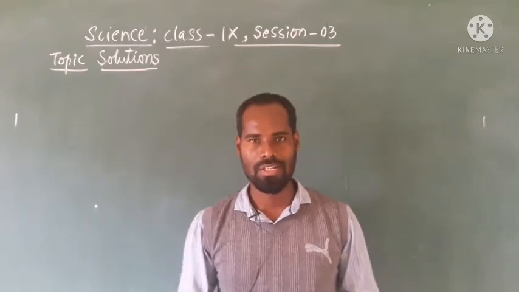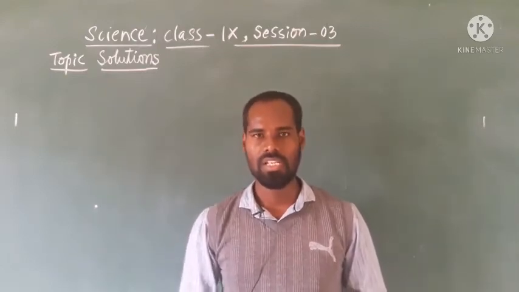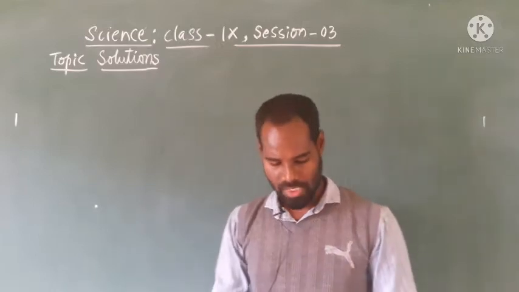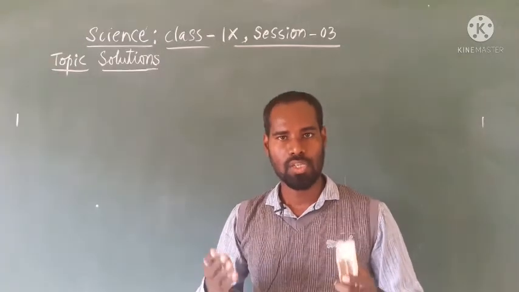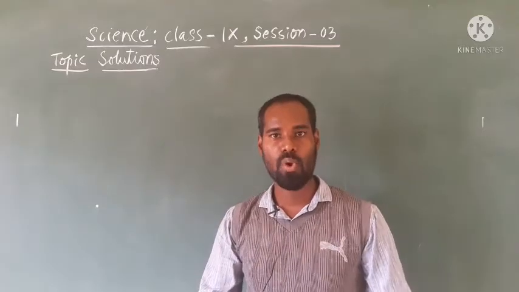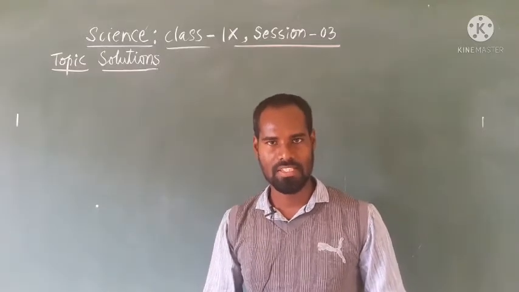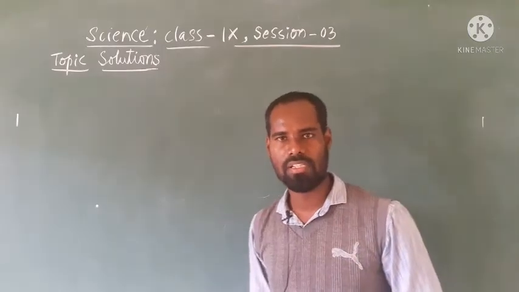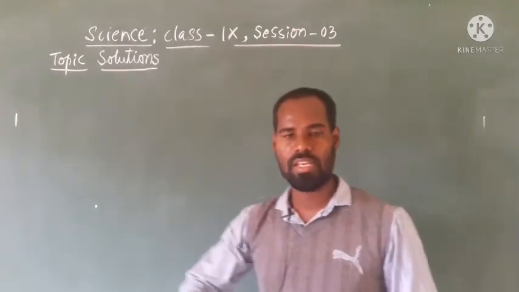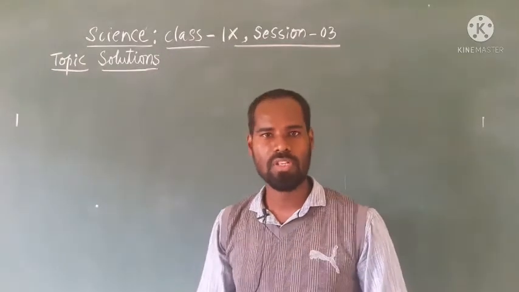Dear children, what are solutions then? Please note that the definition of a solution is so simple. A solution is a homogeneous mixture of one or more substances. See children, the definition is so simple: a solution is a homogeneous mixture of one or more substances.